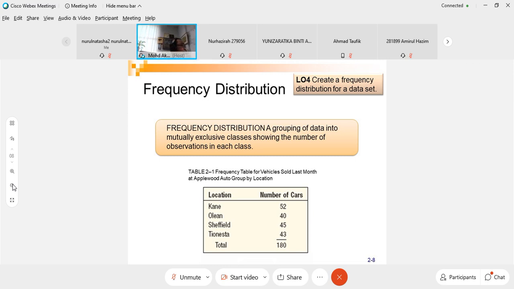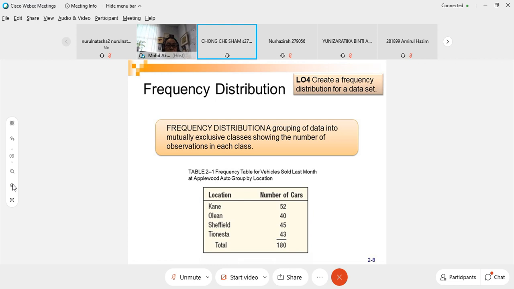So can I request Chong Chisam? Yes, sir. Chong Chisam boleh baca this slide number 8? Frequency distribution, a grouping of data into mutually exclusive classes showing the number of observations in each class.